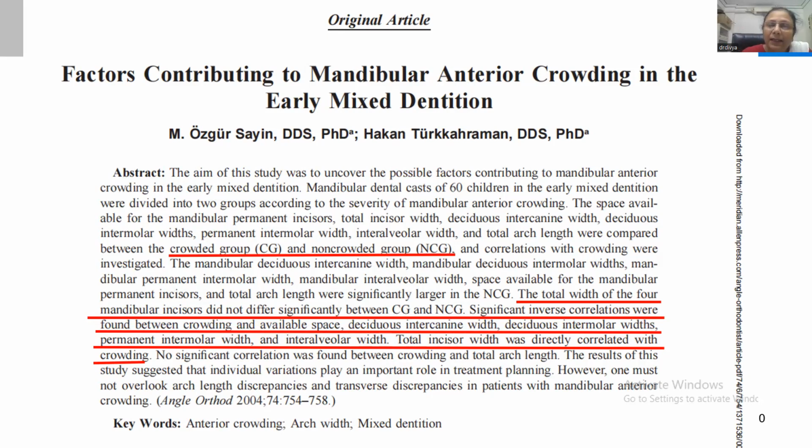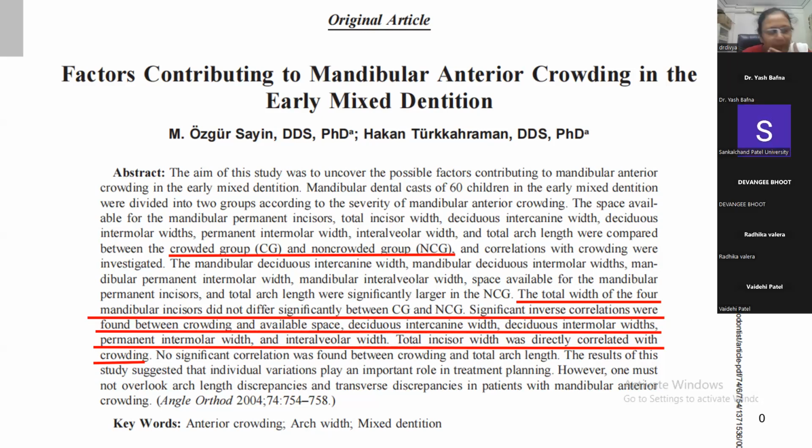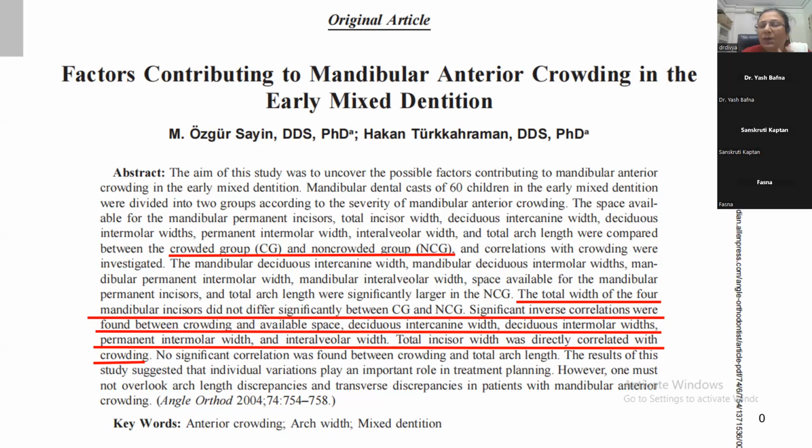And I can say there definitely are some environmental factors acting on the arch, maybe a masticatory habit, maybe oral habits like mouth breathing or thumb sucking, etc., which act to decrease the intercanine width.